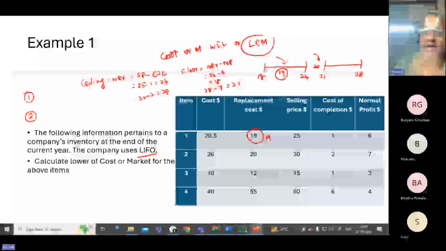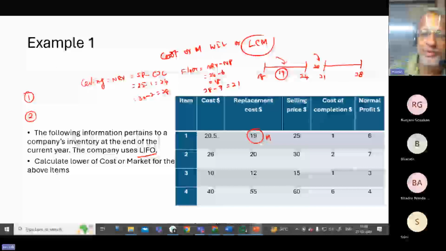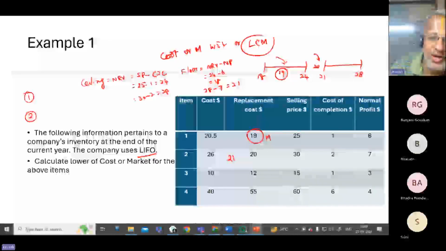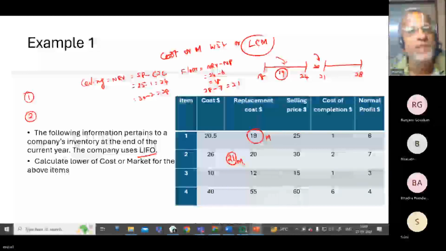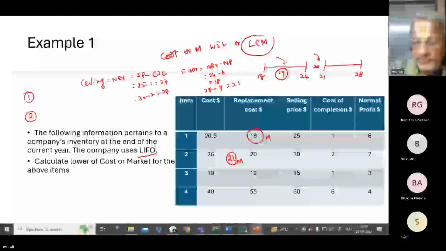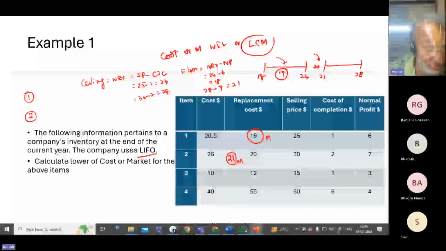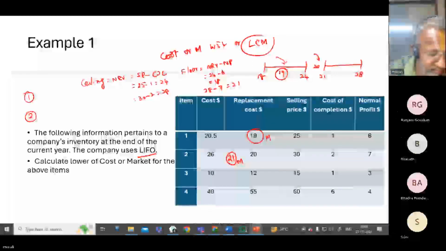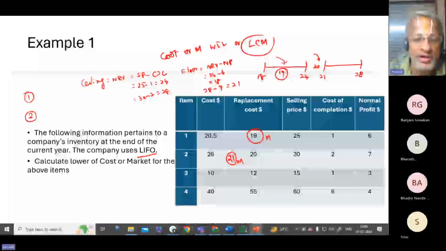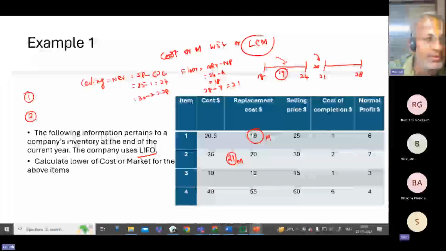If that be the case, 20 will not be taken up, 21 will be taken up. So the answer to that question is 21. 21 is market. Am I right? Are you following, all of you? Say yes or no. Because I find it is one-way traffic. Are you following? Srini, Bharat?